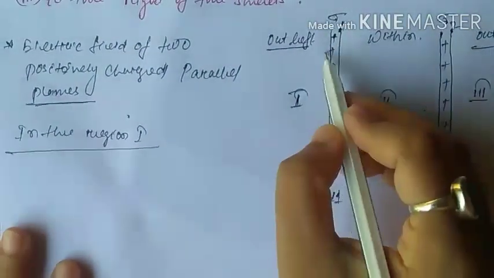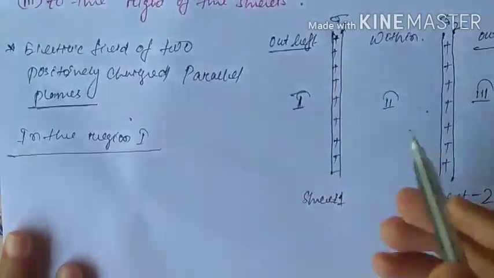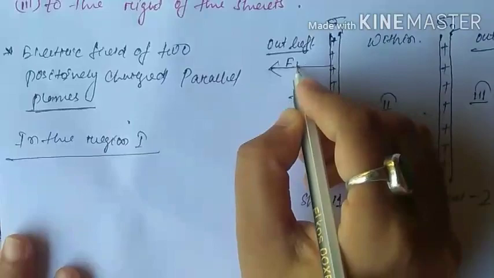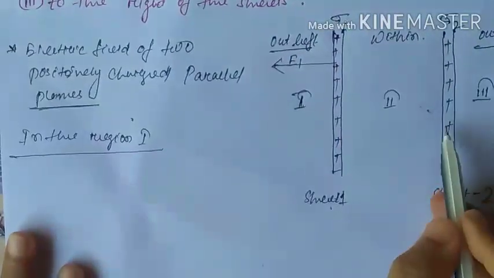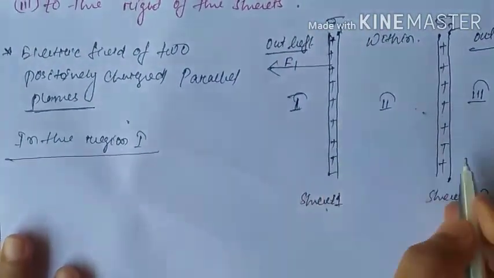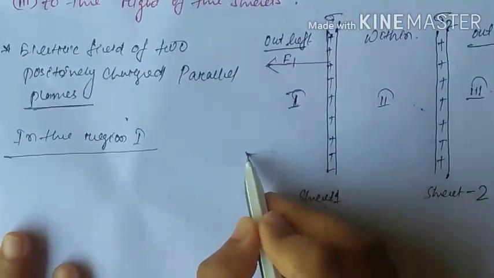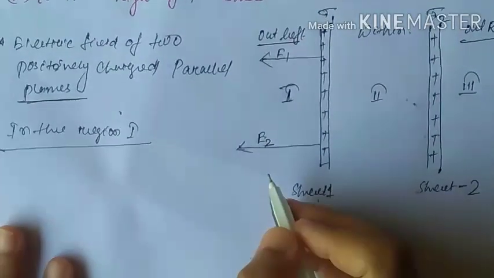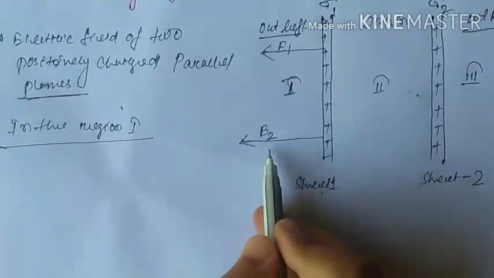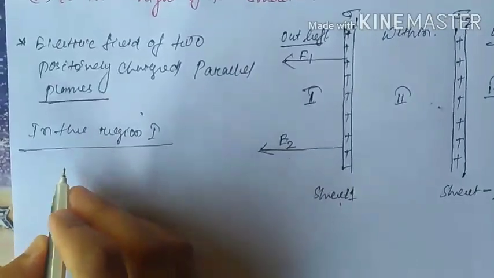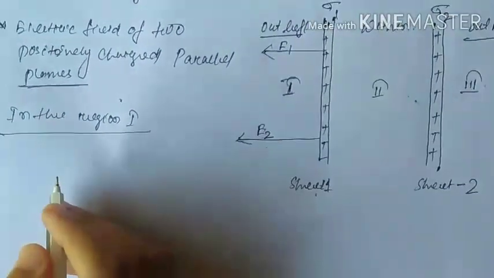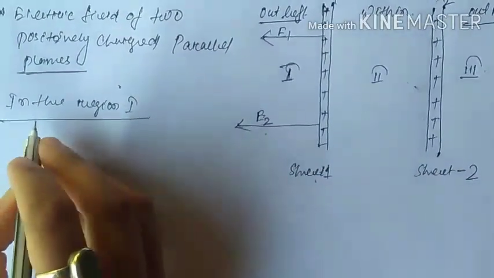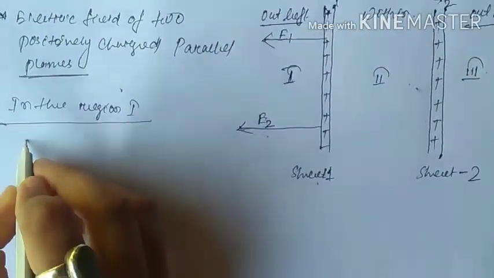Electric field direction for this region due to sheet 1 is towards this direction, that is my E1. Due to sheet 2, it is in this direction, towards out. So this is E2, right? I am considering magnitude here, only magnitude, ignoring the direction part of this. You can also take direction as per the given information if there be any.